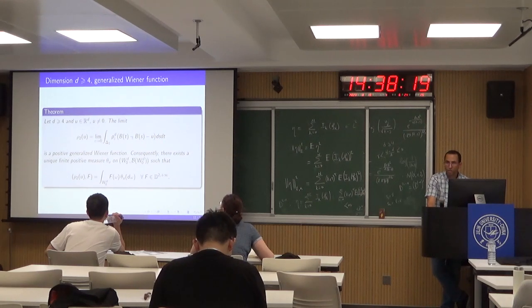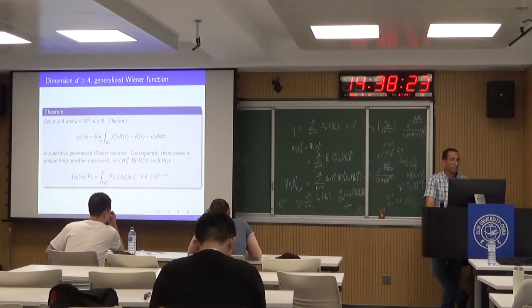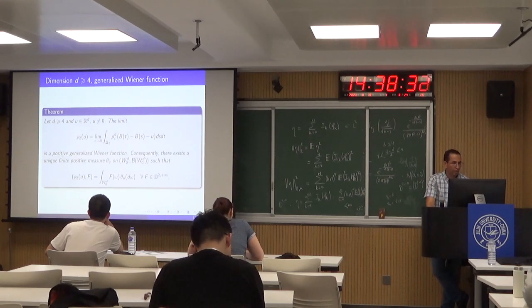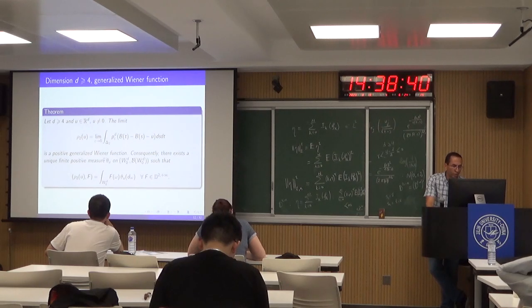And so its limit, even though the limit is generalized on the variable, can be seen to be positive. So we have a positive generalized Wiener function. Applying this previous theorem, we can represent it by a unique, finite, positive measure on this Wiener space.